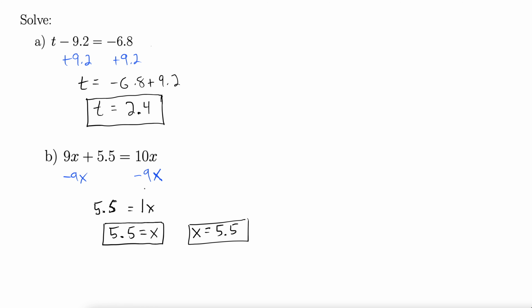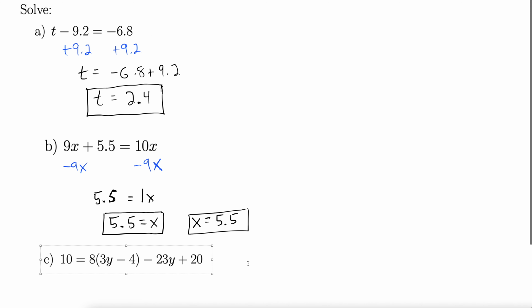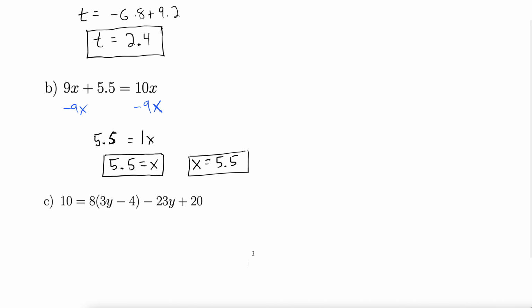Let's try another example here. This one's going to have a little bit more going on. Here we have 10 equals 8 times the quantity 3y minus 4, minus 23y plus 20.